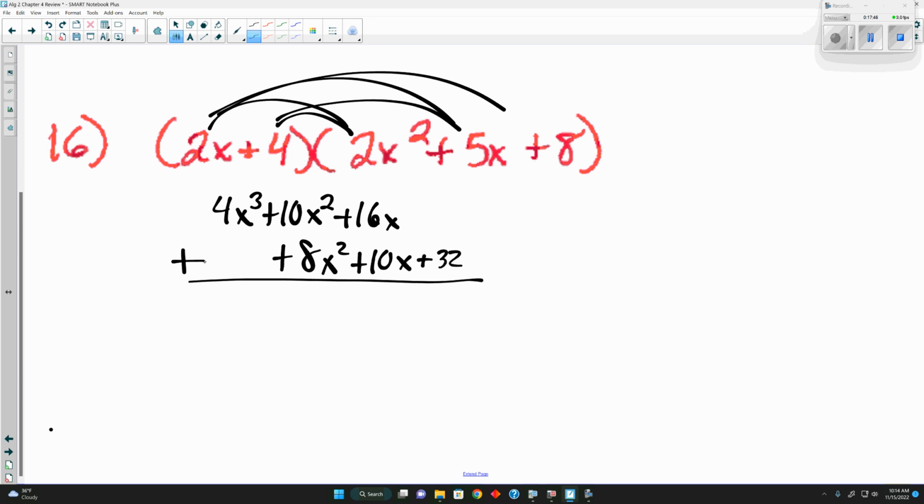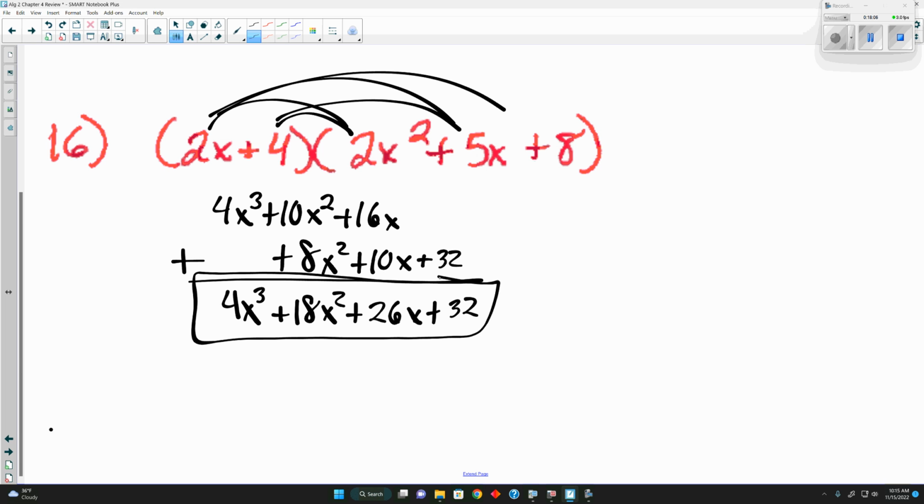Now, if you do the way that I add these together like this here, do make sure that you line up the like terms. So here, when we do add, we just add straight down: 4x cubed plus 18x squared plus 26x plus 32. Because if you line them up incorrectly and you're just working through it quickly, you'll add unlike terms together.